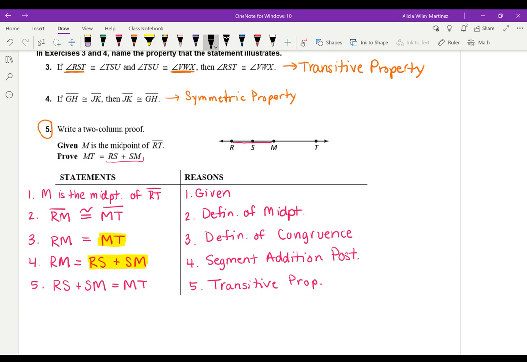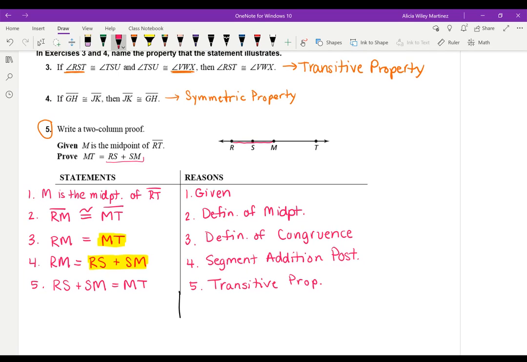Now, I'm almost there. You might be like, well, you are there, but I'm not, because I wasn't thinking, I just went ahead and wrote it down in this order. But if you look at your proof statement, it's flipped around from what I have in step 5. So if I was paying better attention, I would have just written MT equal to RS plus SM, but I didn't. But it's fine.